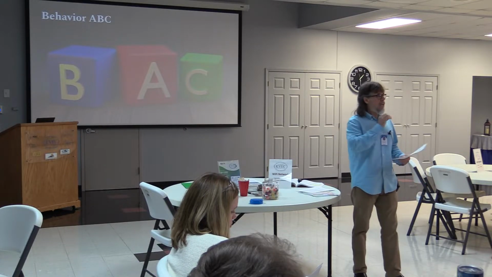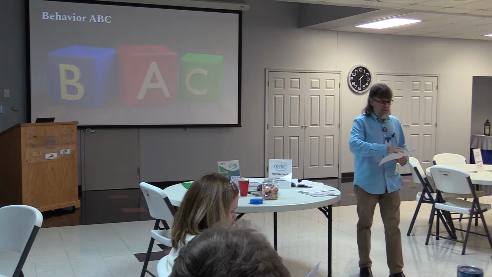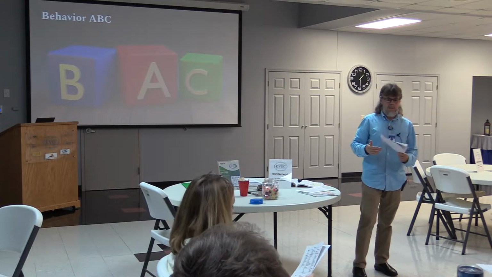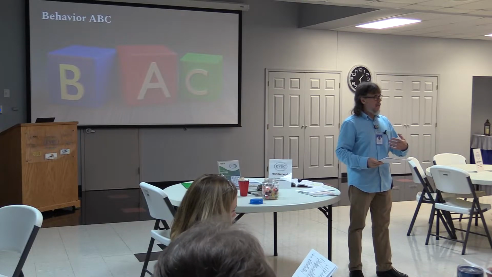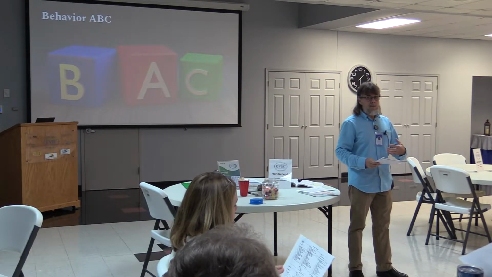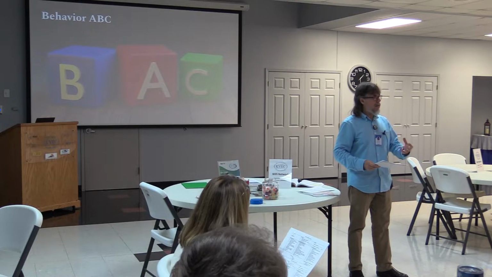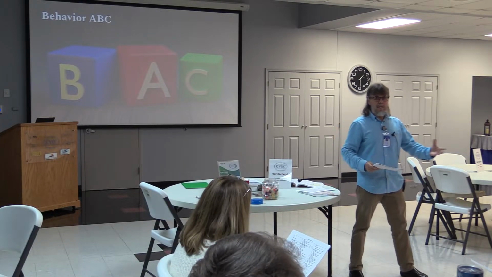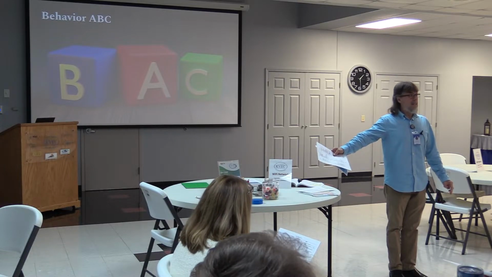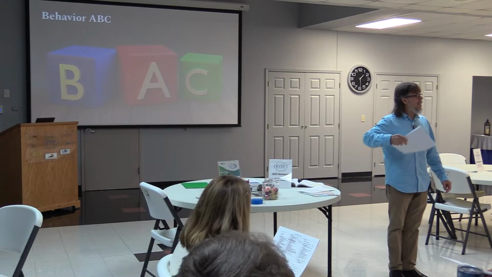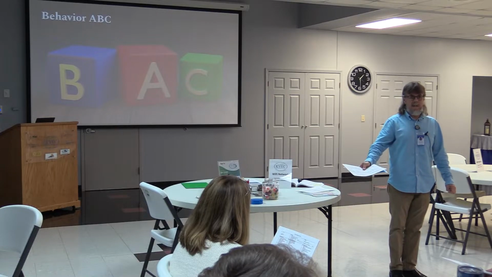In case you can't think of what some antecedents are, there are some examples on these pages. Like the first one, attention is given to others. Sometimes our little fellows that we have to help the most want most of our attention, and if we pay attention to someone else, they do something to get our attention back. They act out in some way so that we come back to them.